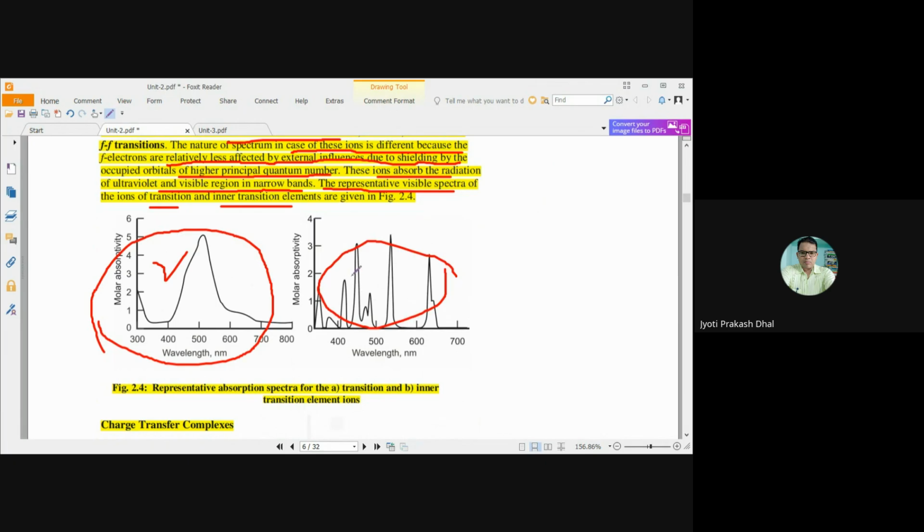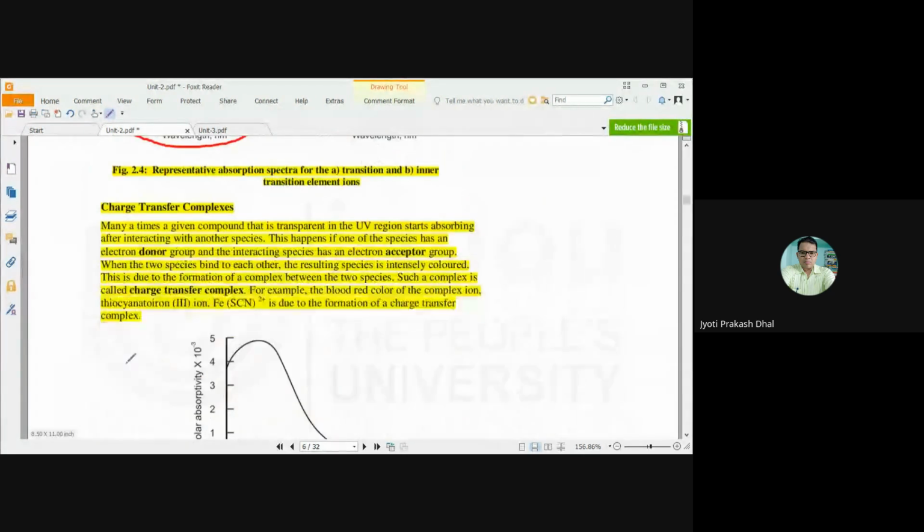So here narrow bands are there, but in the case of transition metal ions, broad bands are there. Now coming to another type of UV-visible transition, that is called charge transfer complex.